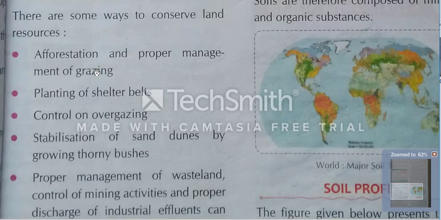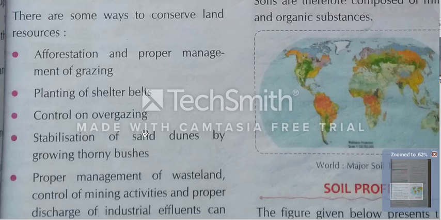Okay, in Hindi we will say जंगल या फॉरेस्ट लगाने का कार्य, वन रोपण, वनीकरण, and proper management. Management we can say control, rule, proper management of grazing. You know what is grazing?